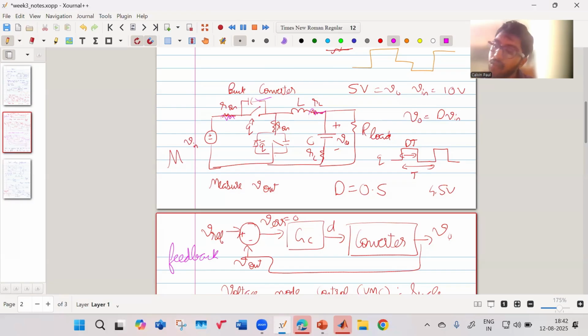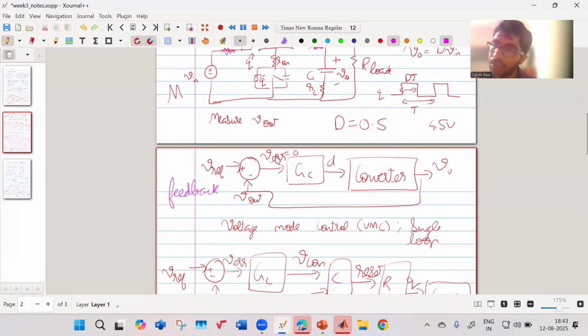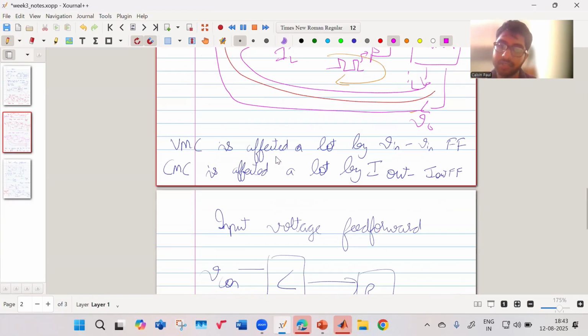So through feedback control, you realize that you have to increase your duty a little bit more. Maybe you have to give duty 0.54. And when you give duty 0.54, your output voltage comes out to be 5 volt. So feedback plus feed forward is one of the best solutions. Feed forward is good, but it needs feedback to regulate well.